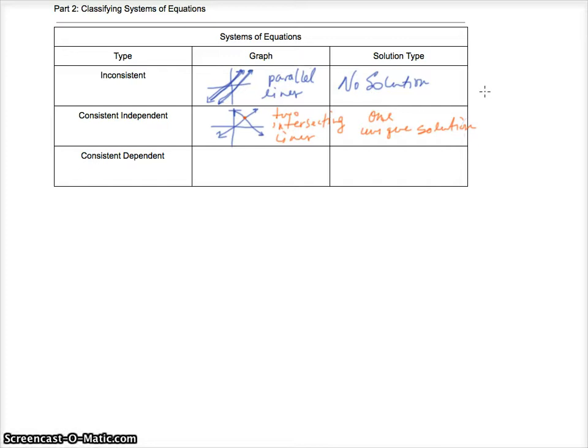Which would be the ordered pair. So we'll put x comma y. And consistent dependent is just one line, when the equations make the same line.